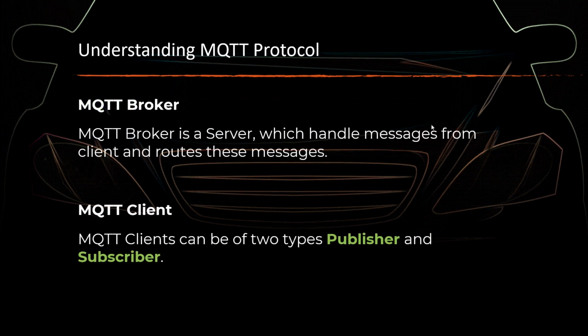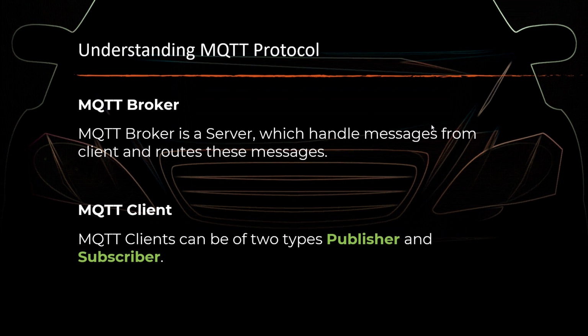These are the naming conventions which we are going to use throughout this protocol. First, the MQTT broker. The MQTT broker is a server which handles messages from clients and routes these messages. It is simply a server which handles all the requests. Now there is another term, which is MQTT client.